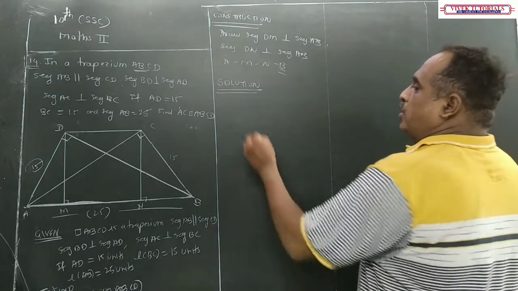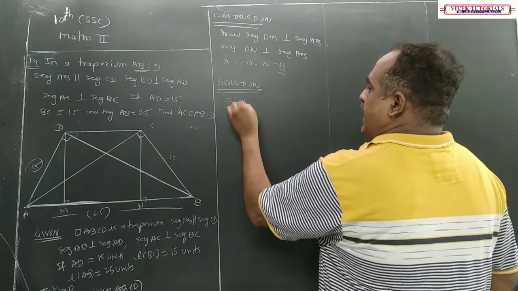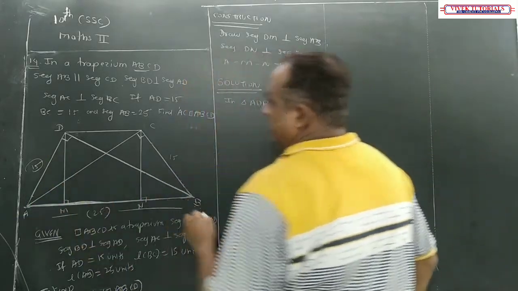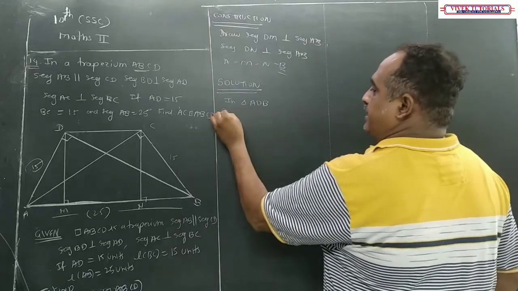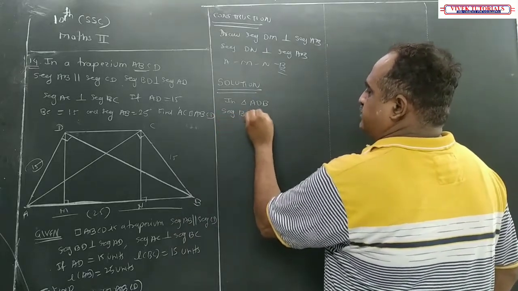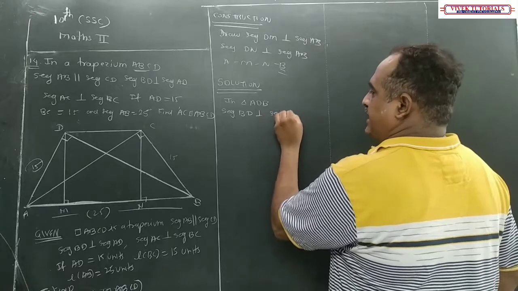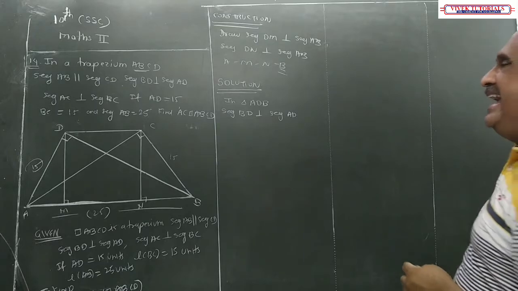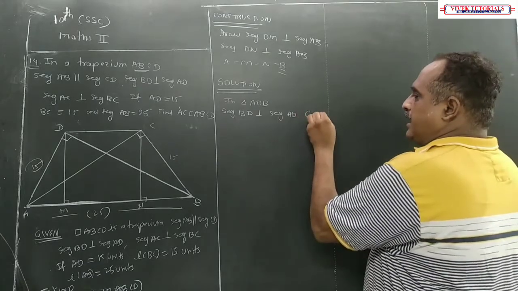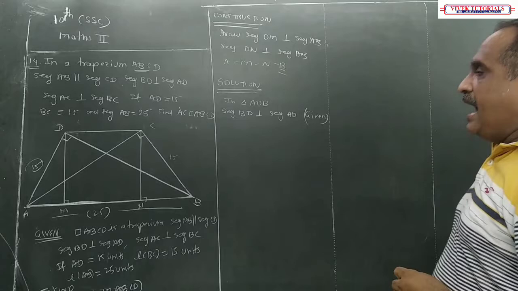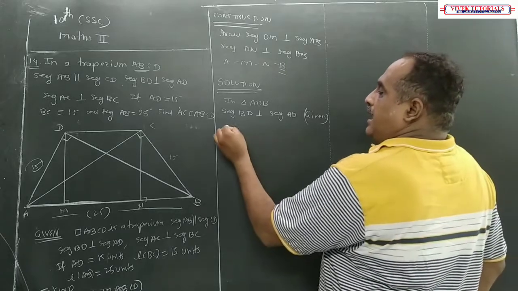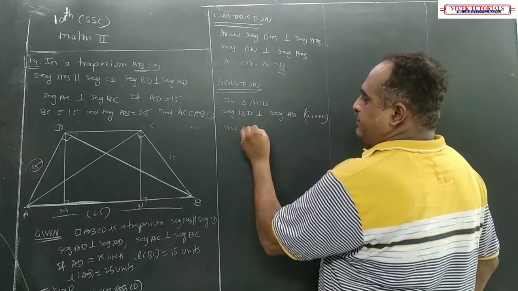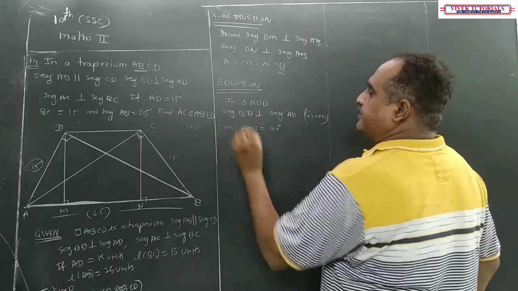Pythagoras theorem. So in triangle ADB, segment BD is perpendicular to segment AD. This one is given, and therefore measure of angle ADB is equal to 90 degrees.